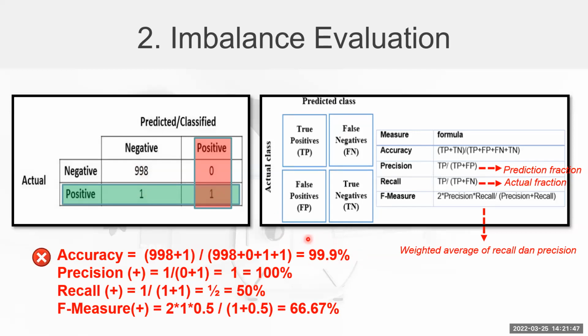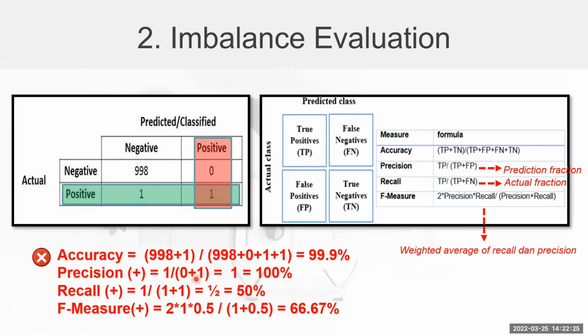So the accuracy is 99.9%. But actually, if we see the data, only 50% of the actual positive class is predicted in the right way. The other 50% is misclassified.